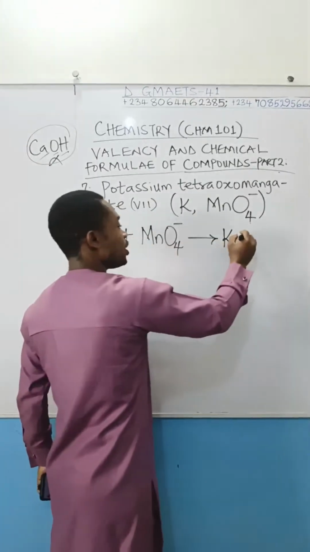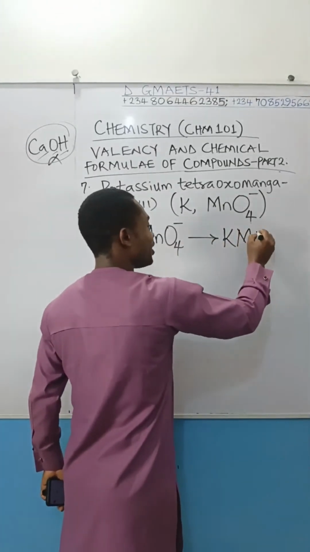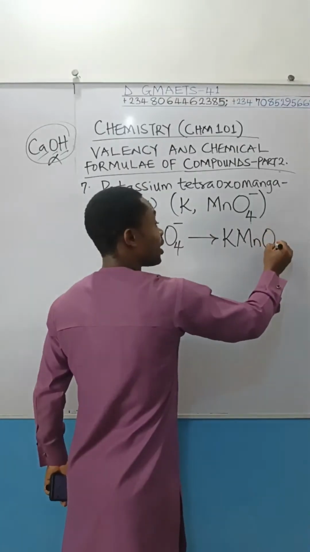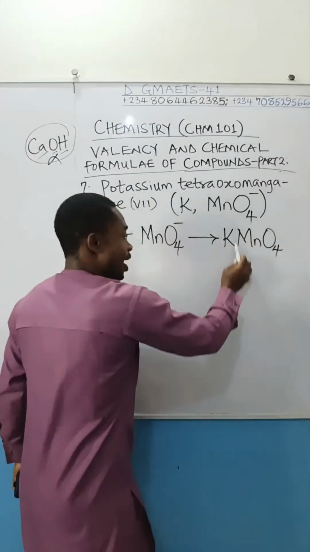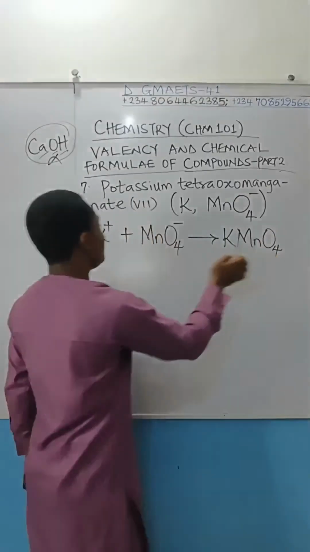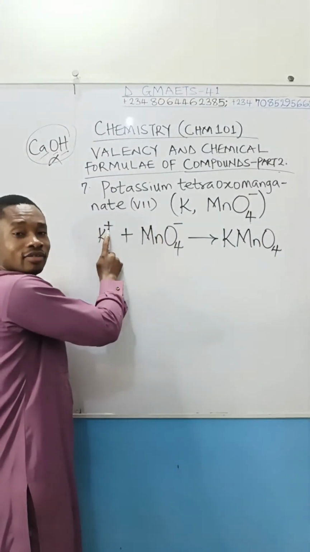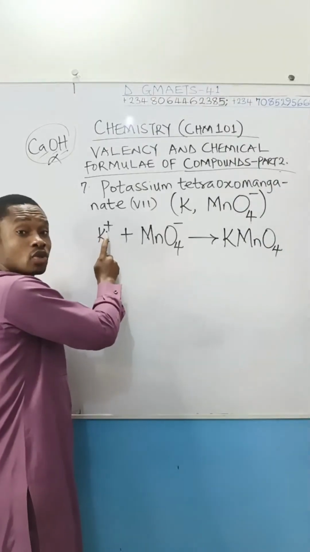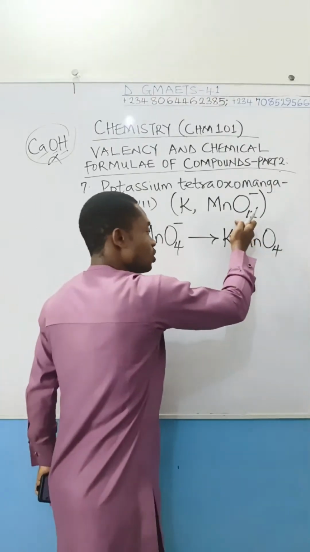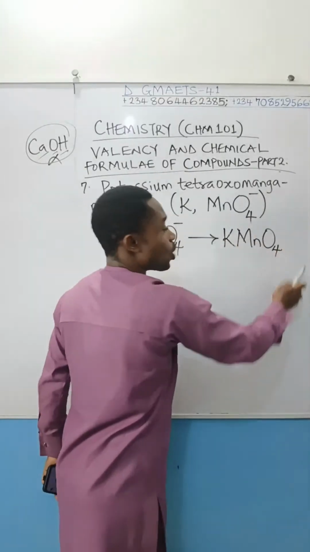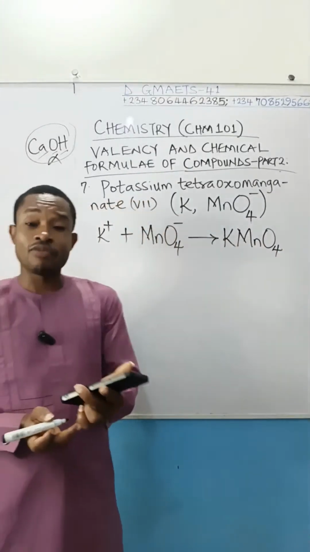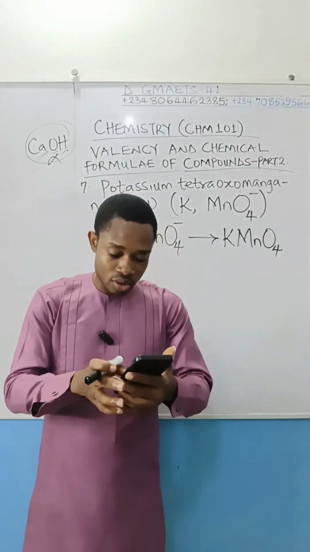Next, combine it with our tetraoxomanganate 7. You know that this MnO4 together is meant to receive the valency of potassium, which is +1. Normally we are meant to put MnO4 in brackets and then write 1 outside, but an atomicity of 1 we do not show. You are aware of that.